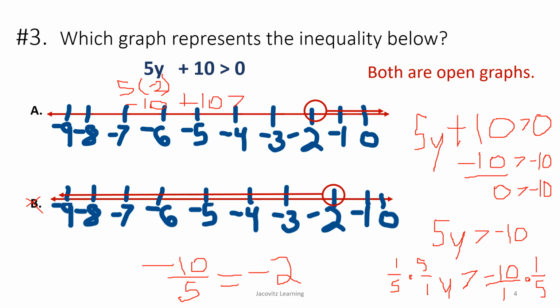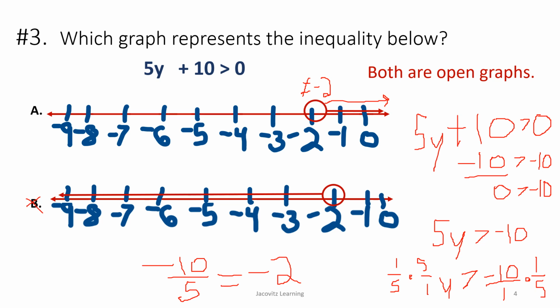So you leave it open, because it means not negative 2 as a value, but everything else past negative 2 is okay. So we can try again. Let's put in negative 1. We did negative 1, and we saw that that was positive 5.